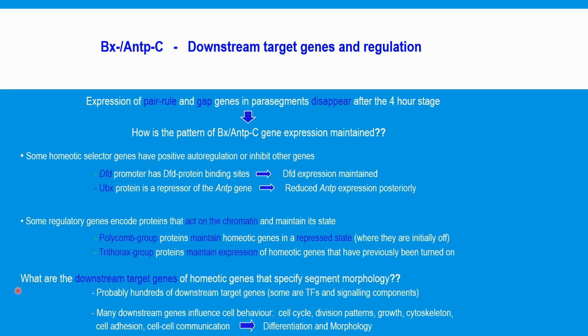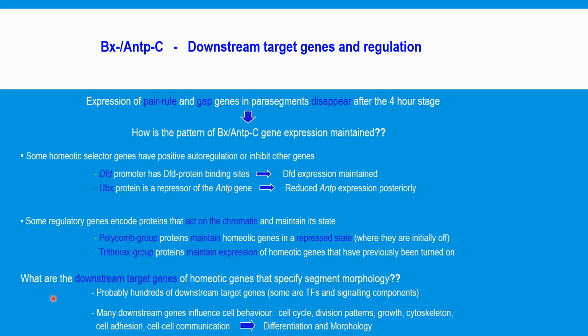And then you can start thinking, okay, that's how those genes regulate themselves, but what are their downstream targets that actually cause cells to differentiate into a certain morphology in the segment? The short answer is there are probably hundreds of downstream target genes, some of which will be transcription factors and have several targets themselves, and many will be signaling components signaling from cell to cell.